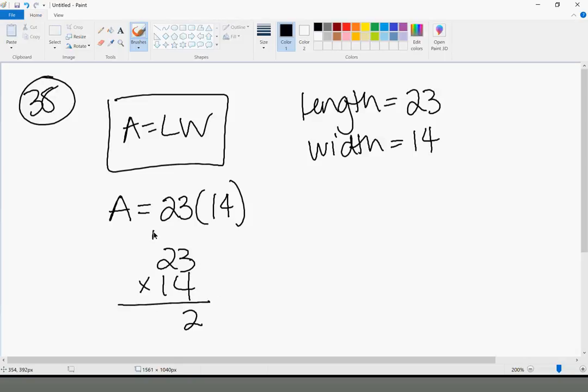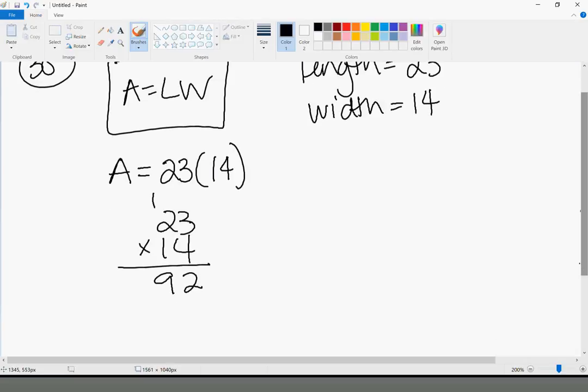4 times 3 is 12, carry the 1. 4 times 2 is 8, plus 1 is 9. Then we're going to include a 0 placeholder. 1 times 3 is 3. 1 times 2 is 2. Then we're going to add. So 2 plus 0 is 2. 9 plus 3 is 12. Carry the 1.